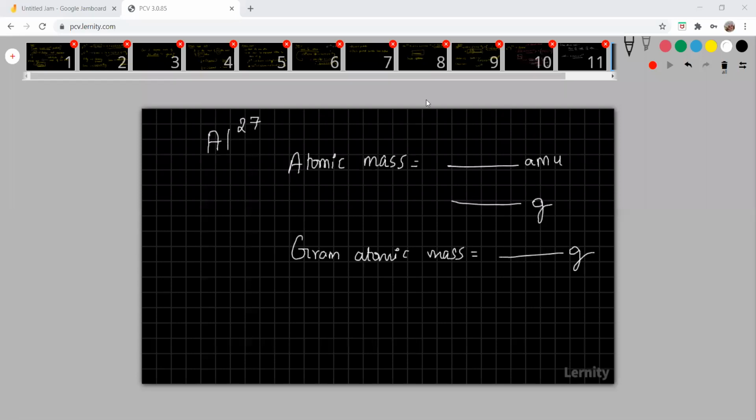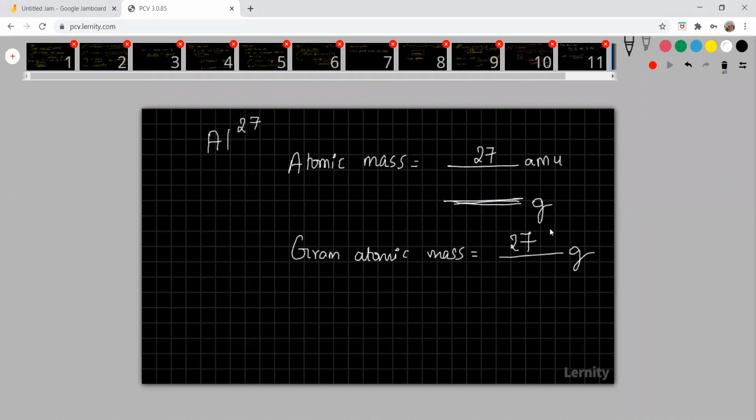Okay, 2 participants have raised their hands. Yes, Vittal, you can unmute yourself. Atomic mass will be 27 AMU. Good. And gram atomic mass will be 27 grams. Wrong. Gram atomic mass will be 27 grams. What will be the one in between?